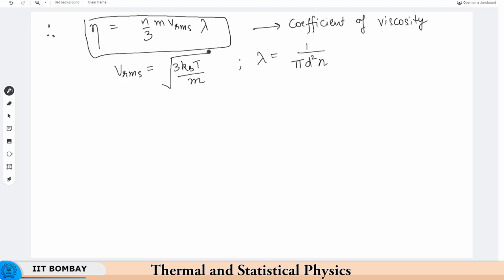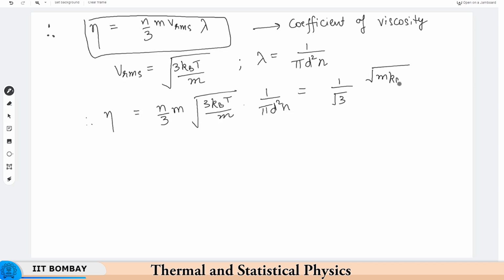If we substitute these values here, our eta becomes n by 3 times m times the square root of 3 kBT by m times 1 by pi d squared n, and with a little bit of simplification, this is equal to square root of m kB T divided by pi d squared.